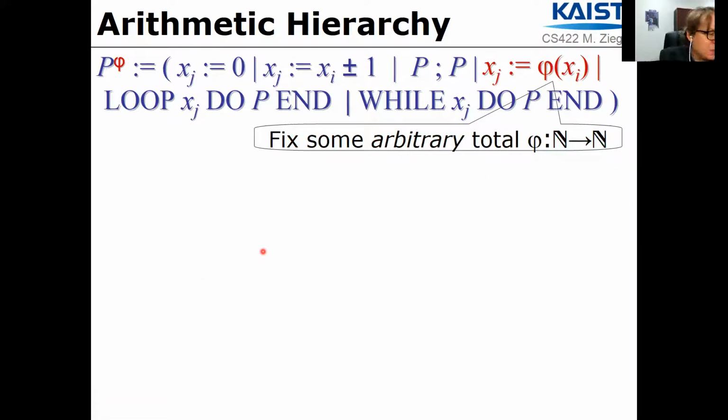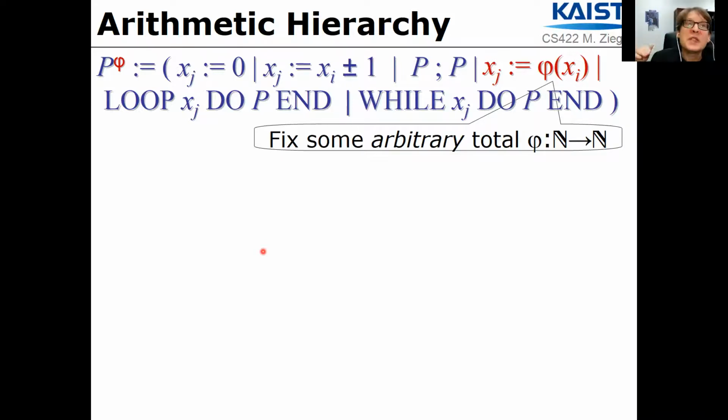And why have we introduced this new Oracle while programs? Because now we can study from a better perspective this hierarchy of more and more undecidable problems.